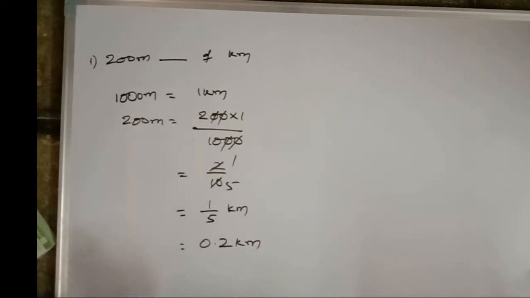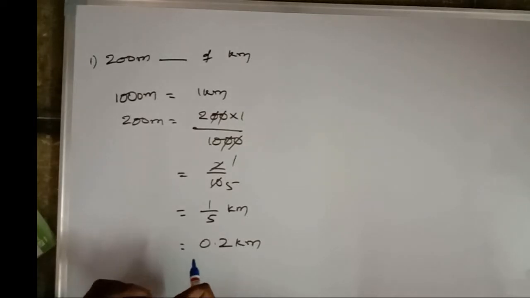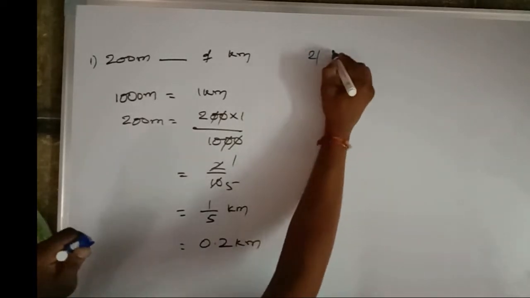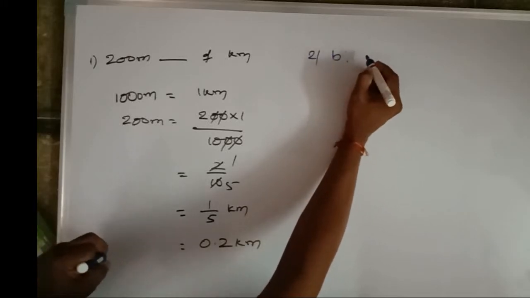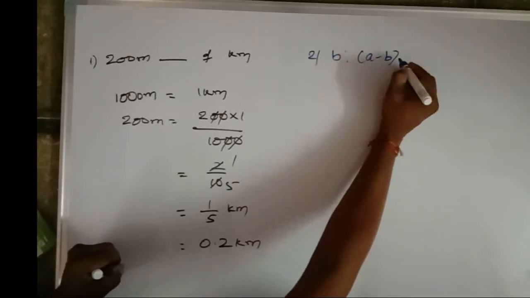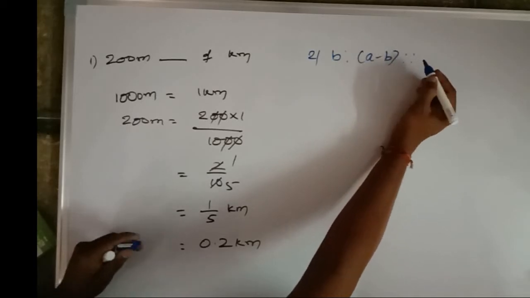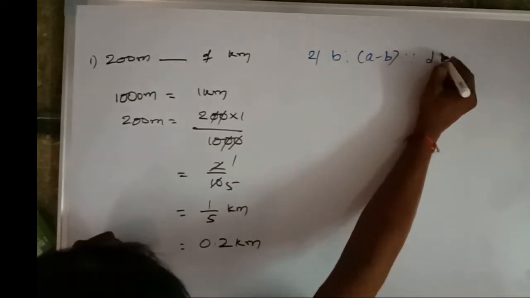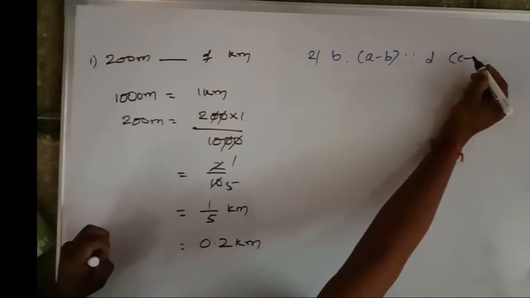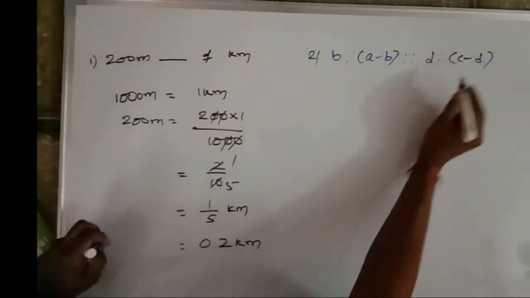In the same way, the second question is: the result obtained by applying componendo to B is to A minus B proportion to D is to C minus D is what?